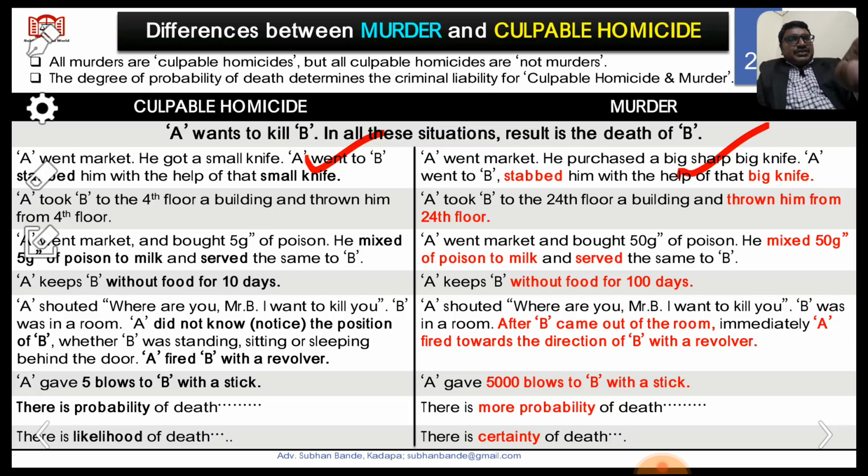Coming to the second illustration, A took B to the 4th floor of a building and threw him from the 4th floor.